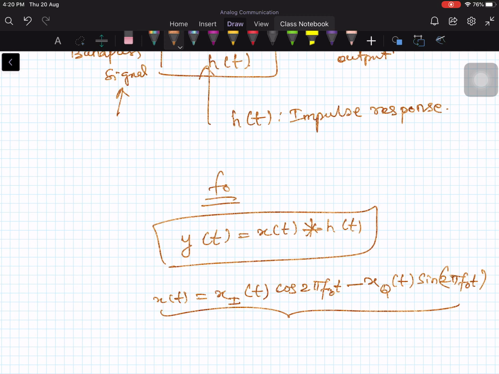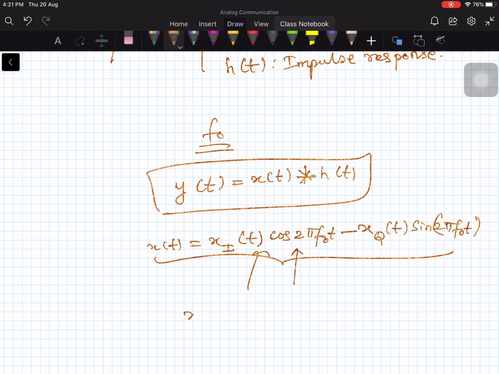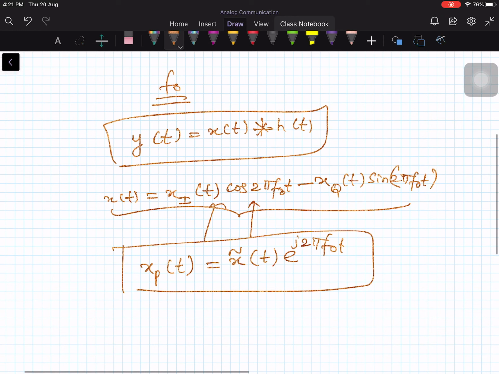This representation, I probably forgot to mention, is usually known by the name of standard form for bandpass signal representation. Now if you take its analytical expression x_p of t, it is the frequency translated version of a complex lowpass signal x tilde of t times e to the j 2 pi f naught t, and this has a name called complex envelope representation. I forgot to tell you this name for this particular representation.